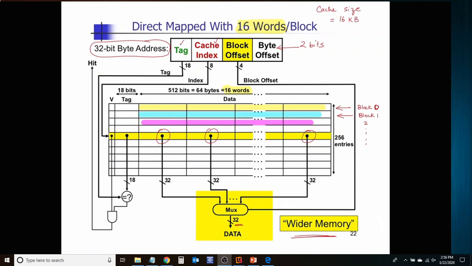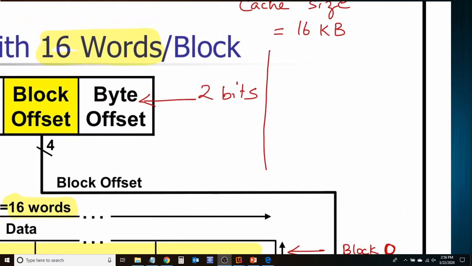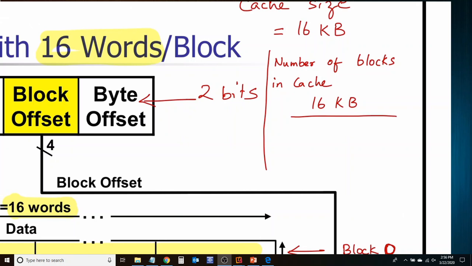Then how do I find out the number of blocks? Well, number of blocks in that cache is going to be given by, take the total cache size and then divide it by the number of words per block.